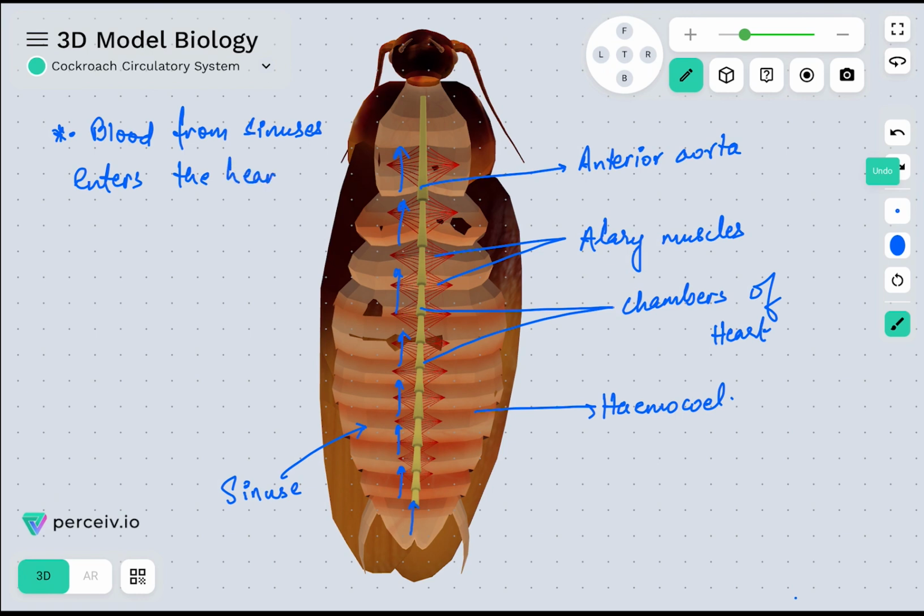So from the sinuses, it is going to enter into the heart, and the entry will be through ostia, of course, and then is pumped anteriorly.